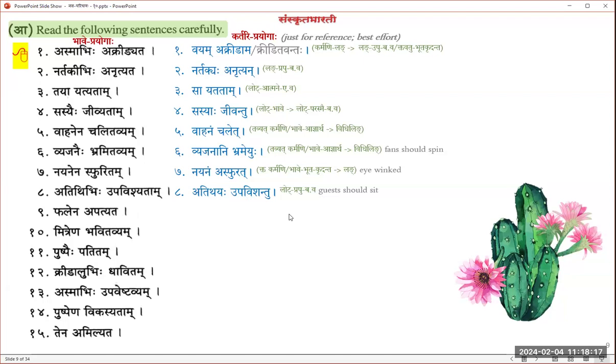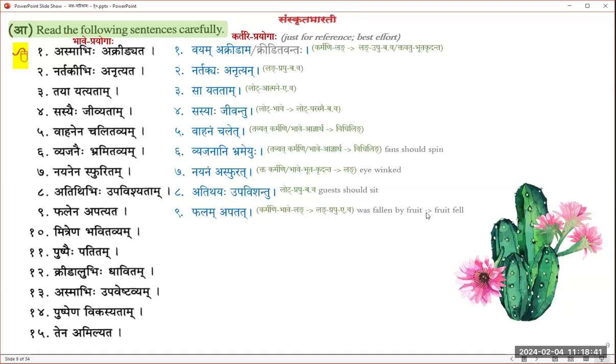So we have to just go to phalam apatat, right? Lang kartari. So phalam apatat. Correct, our guess is correct. Phalam apatat. So bhave lung to kartari lung. That's all. I should have said kartari lung there because I said bhave over there. I should say kartari over here. It's obvious. When we don't say karmani, it is kartari here.